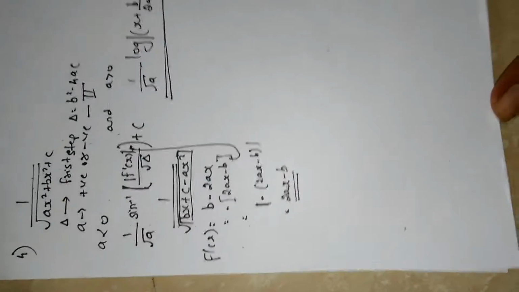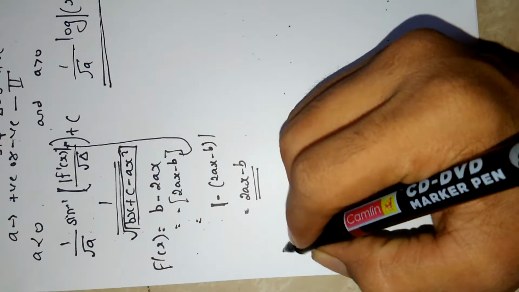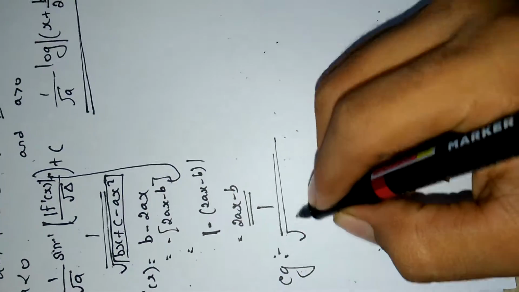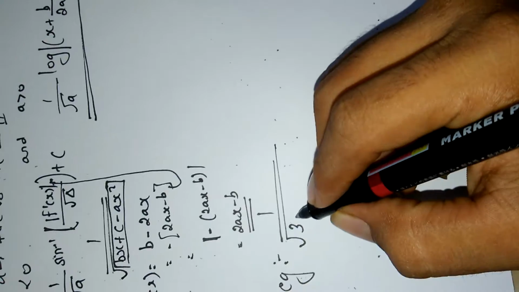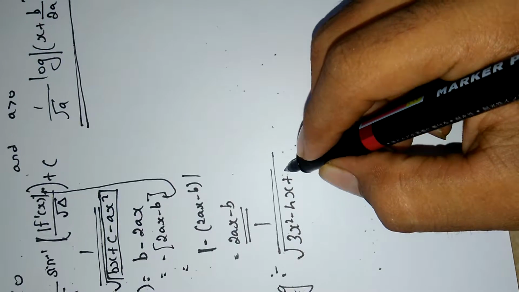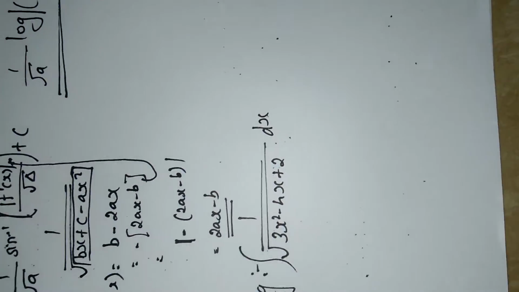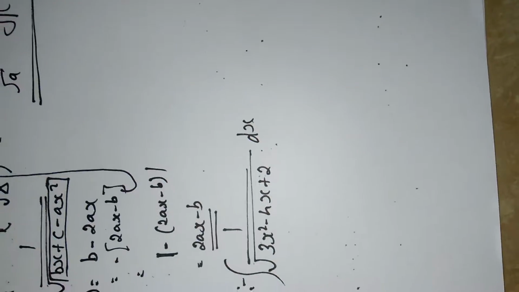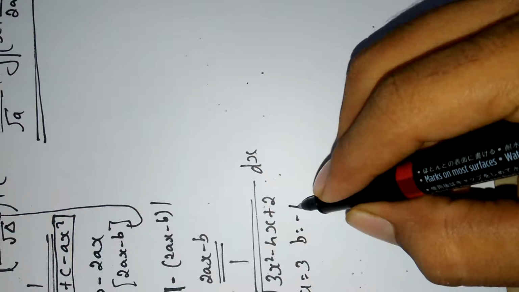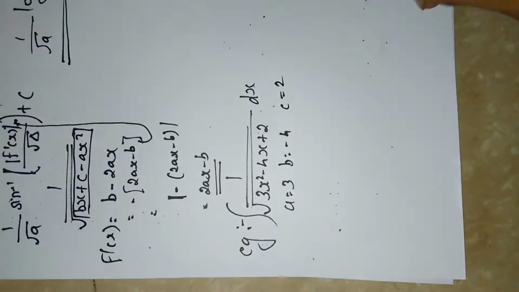Now guys, I am solving an example on this shortcut. The example would be the integral of 1 upon under root of 3x square minus 4x plus 2 dx. We have to integrate with respect to x. Here the value of a is 3, b is minus 4, and the value of c is 2.